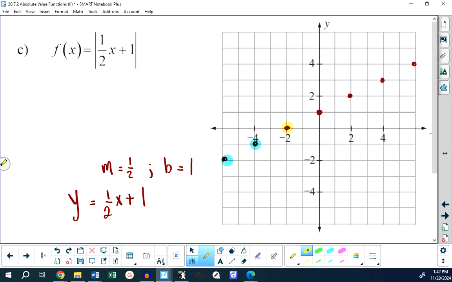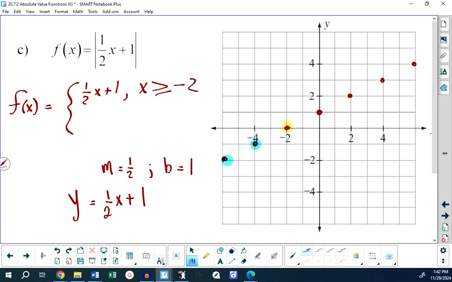This is another way to write out the piecewise function. f of x will simply be equal to 1/2 x plus 1 if x is greater than or equal to -2, and that includes this point.